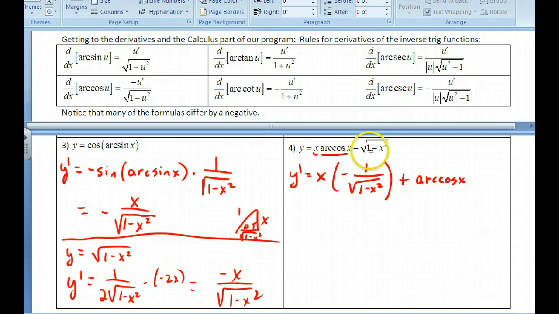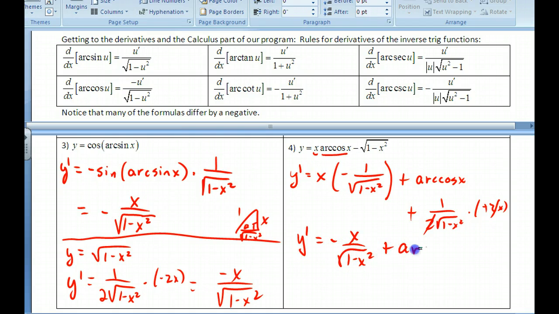And then I'm going to have this derivative here, which is negative 1 over 2 square root of 1 minus x squared times a negative 2x. Those change, and so I'm left with this. These 2's cancel, and so I'm going to have negative x over square root of 1 minus x squared plus arc cosine of x, and then plus x over square root of 1 minus x squared. Oh, look at that. These 2 cancel, so I'm left with the arc cosine of x.